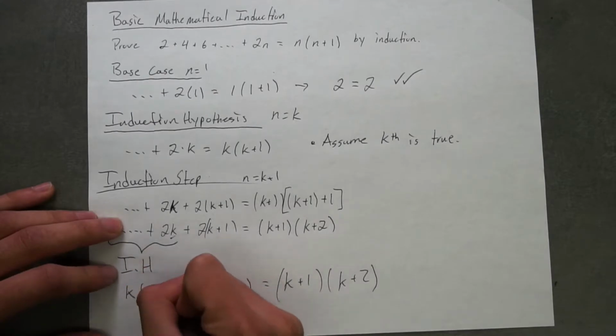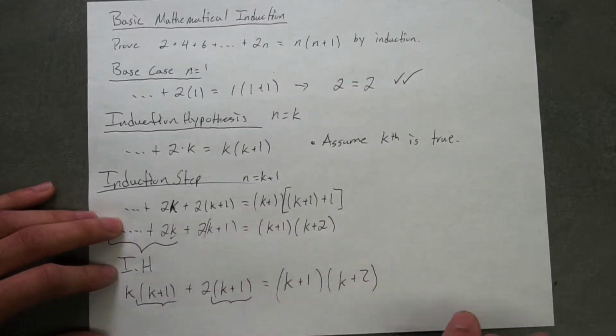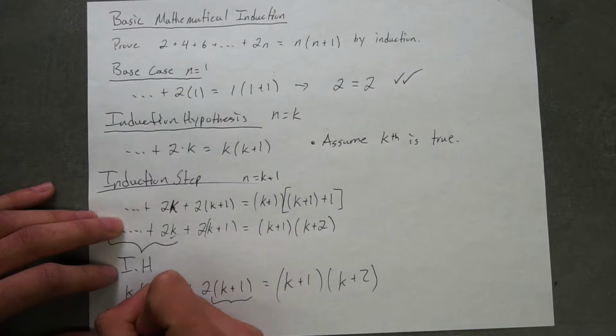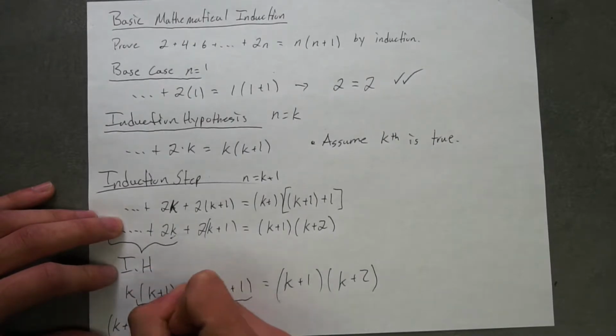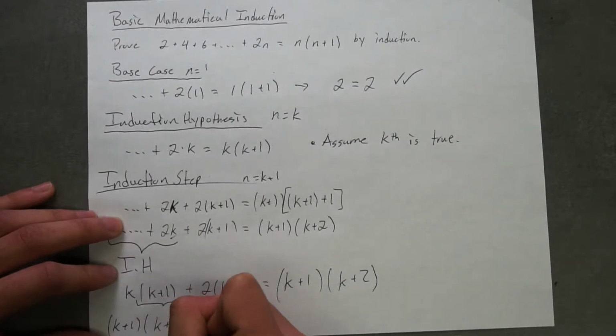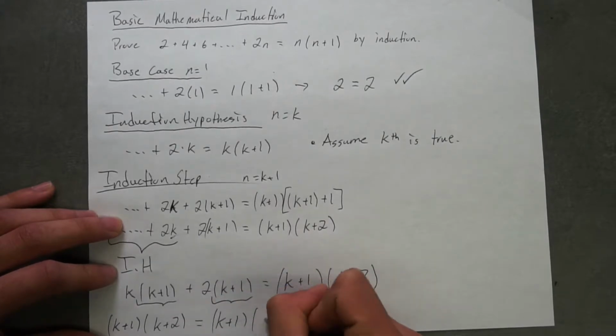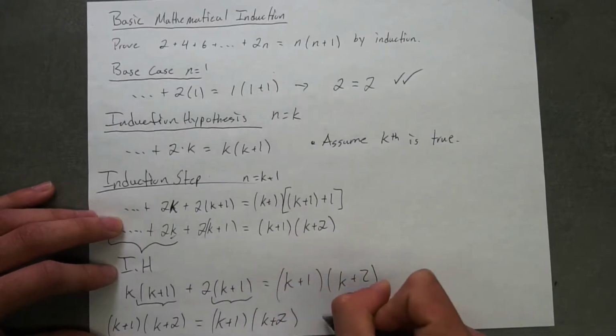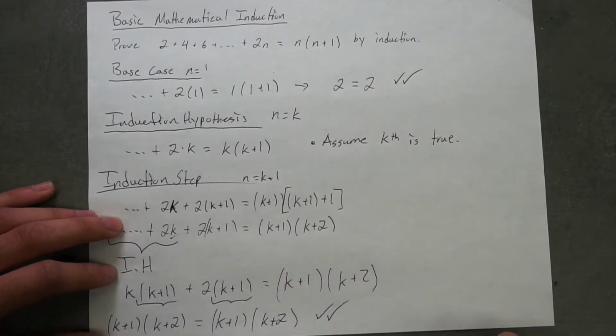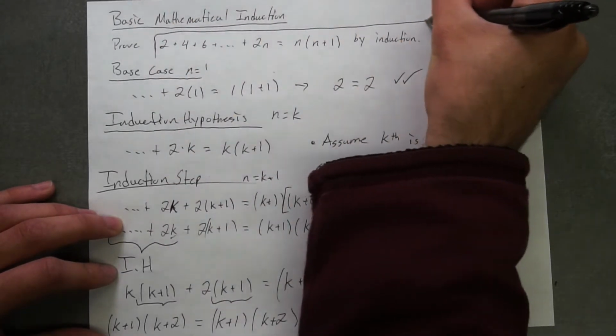So we can factor out this k plus 1, and then we have k plus 1 times k plus 2, which is equal to the right hand side, k plus 1 multiplied by k plus 2. So we prove this by induction.